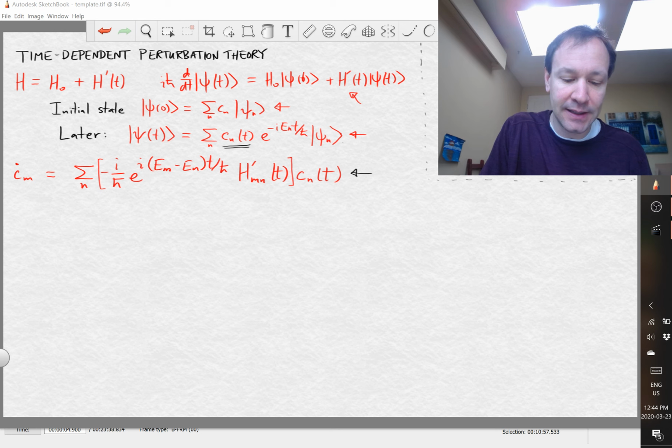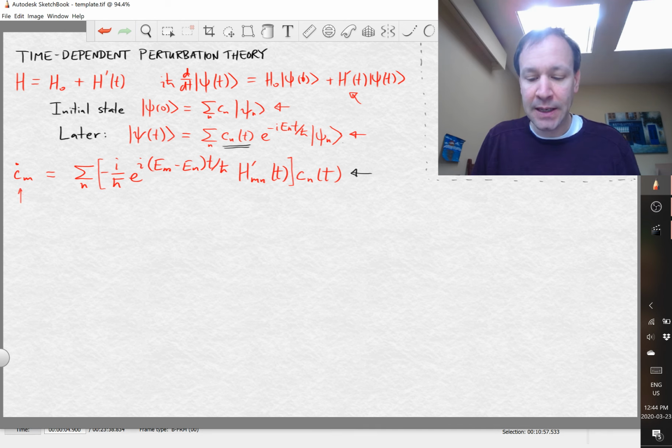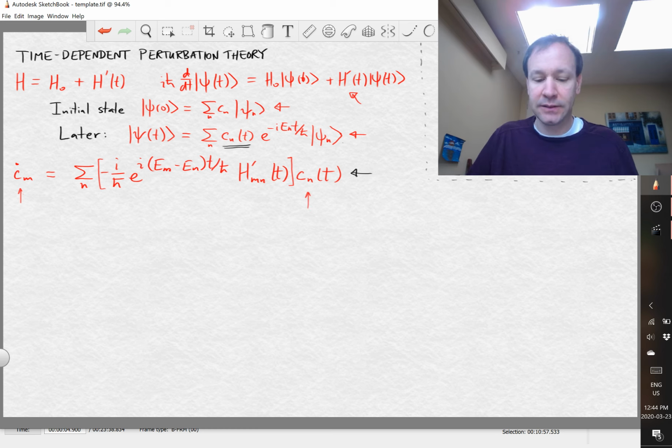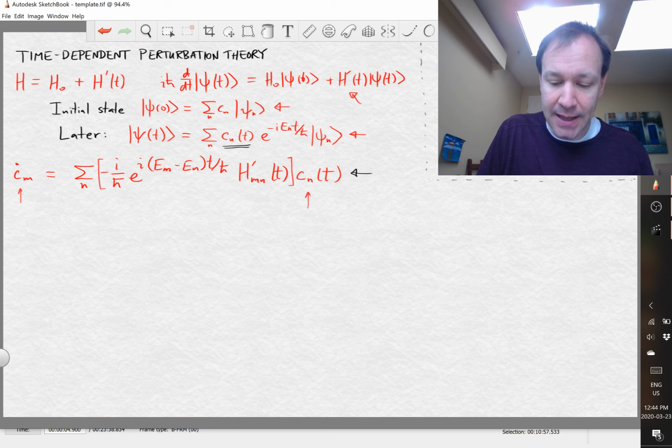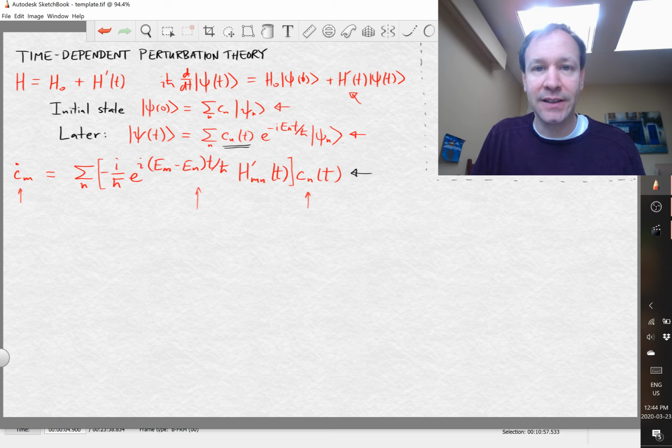And it tells us that the time derivative of the coefficient Cm is equal to a sum over all of the other coefficients Cn, actually including the coefficient m, and then you've got this matrix. So this is actually like a vector equation.